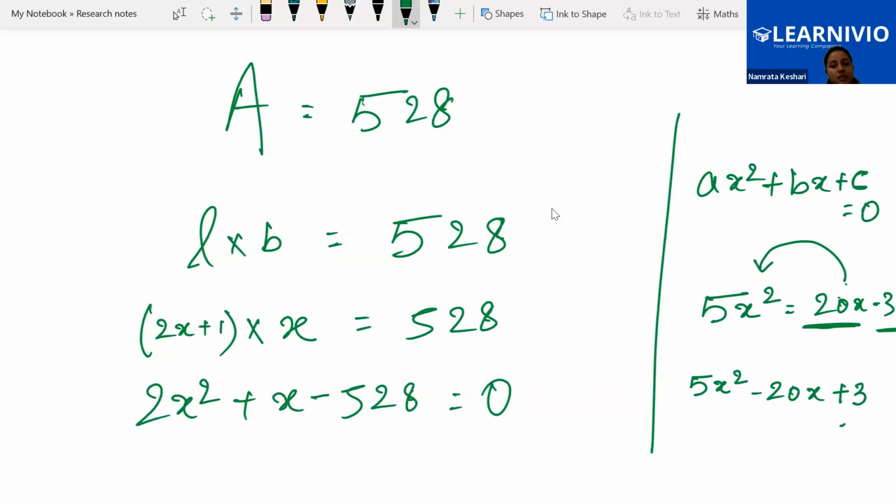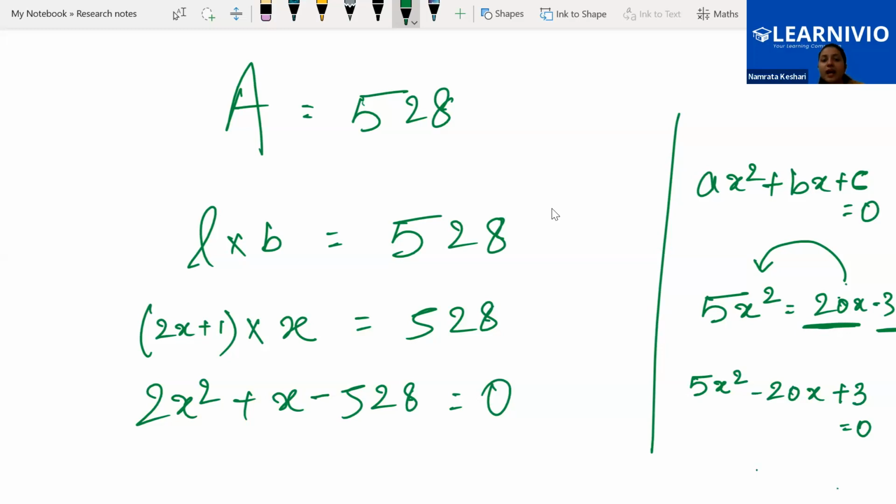It will be minus 20x, and the minus 3 we transpose to this side, so it will be plus 3 equals 0. This is how we write the standard form of a quadratic equation. Now from here we can easily say what is a, b and c. Can you tell me Fakiha, what is a, b and c here?